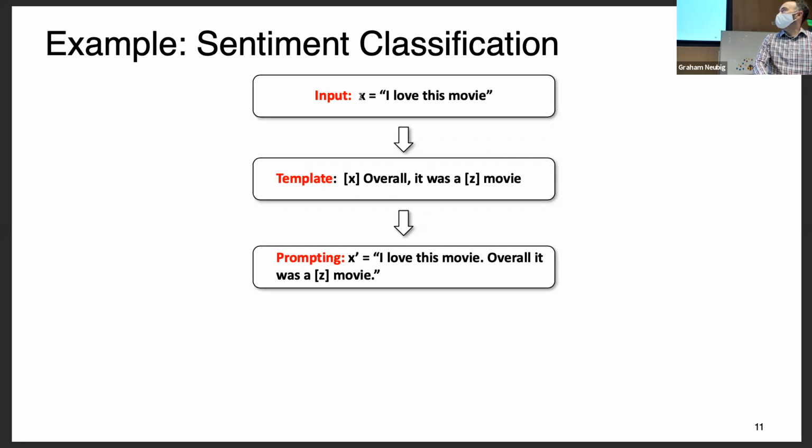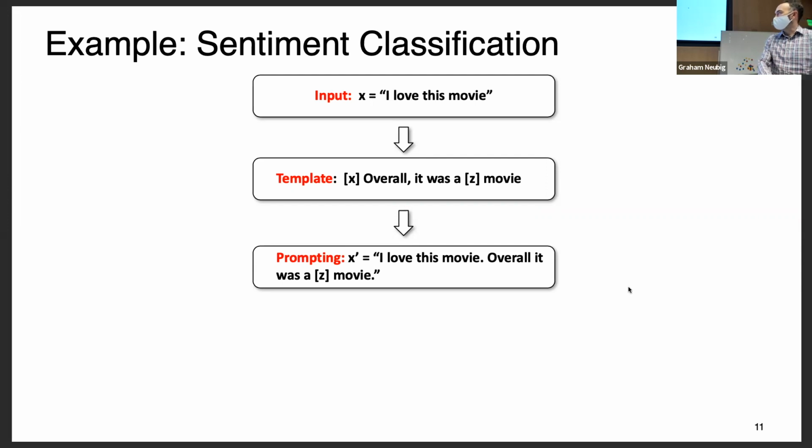So for example, let's say our input X is "I love this movie," and our task is sentiment analysis. We've designed this prompt where we first prepend the sentence that we would like to do sentiment analysis of, and then in the end we have "Overall, it was a Z movie." That gives us this prompt X prime.